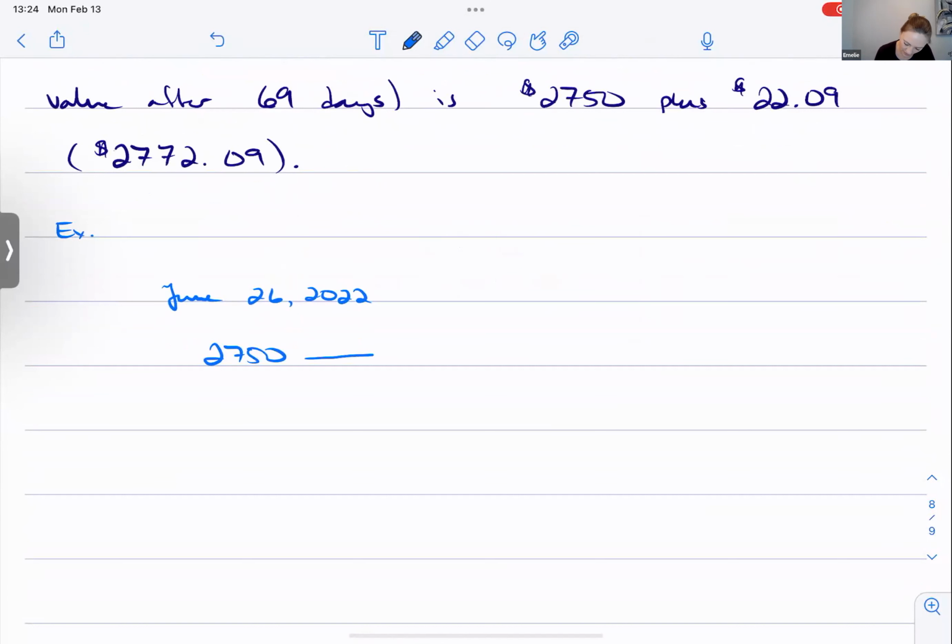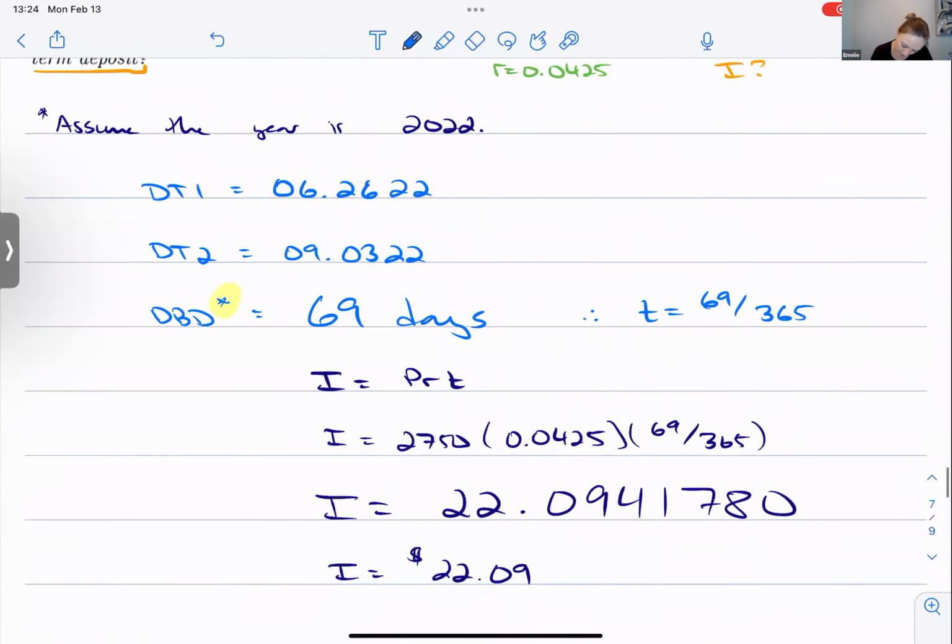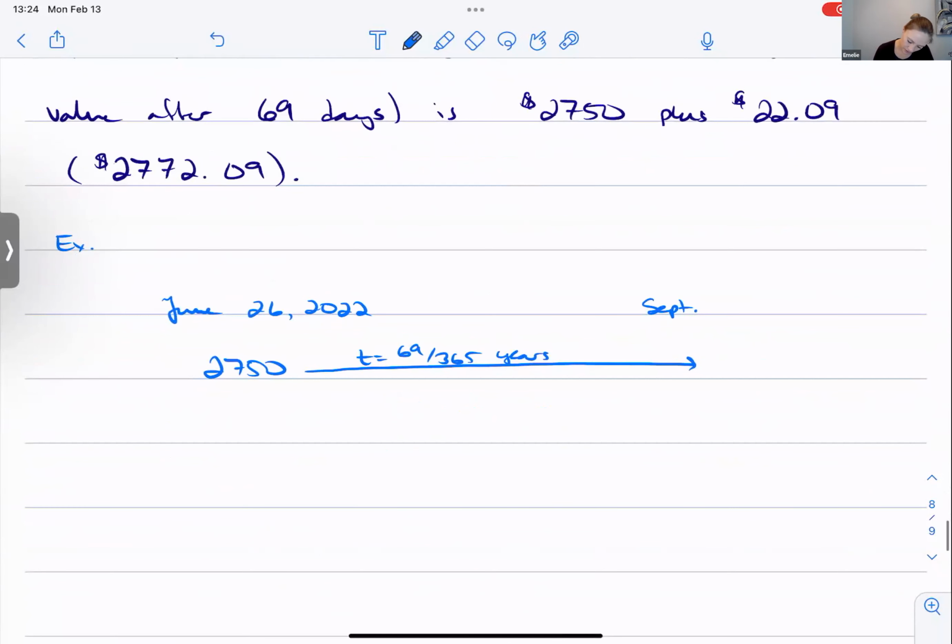And that stayed there for T equals 69 over 365 years, until September 3rd, 2022. And now she has 277209.